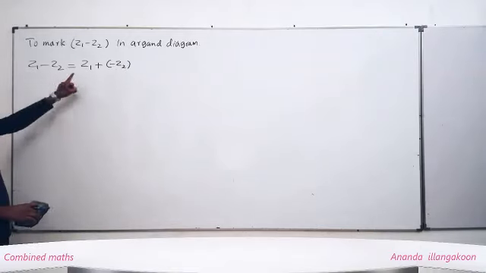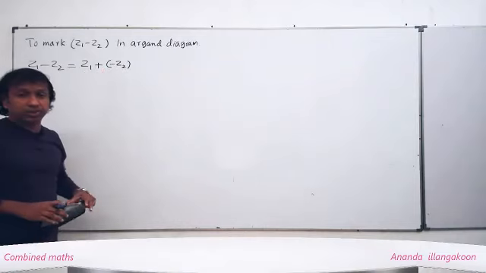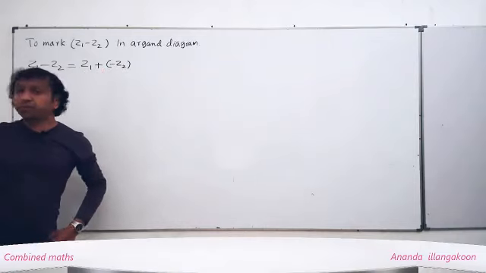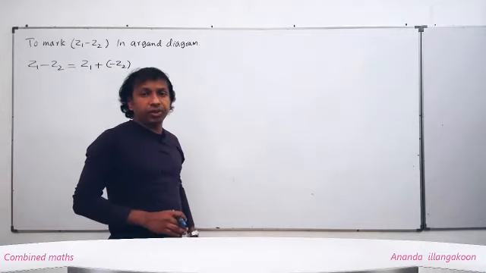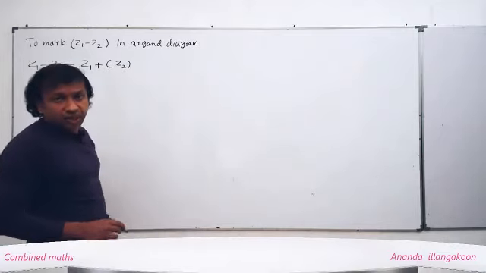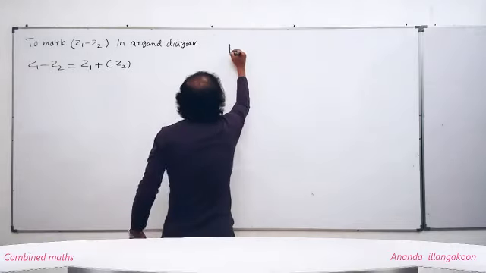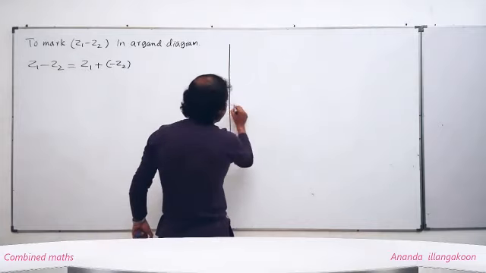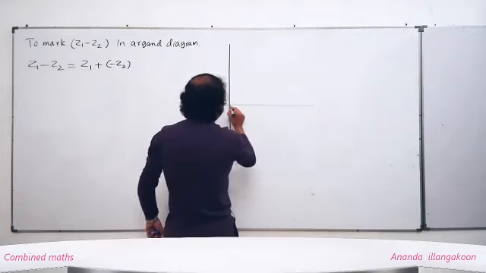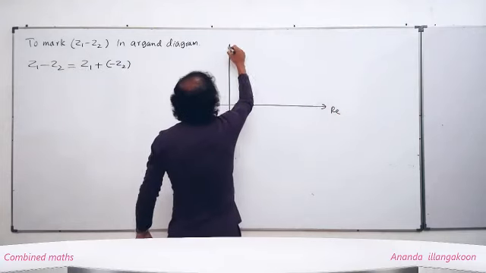We add to the complex number Z1 what? Minus the complex number Z2. We add minus Z2. Then we get Z1 minus Z2. Then in this case, we can do the construction like this. Suppose here we have, right, this is the real axis, this is the imaginary axis.